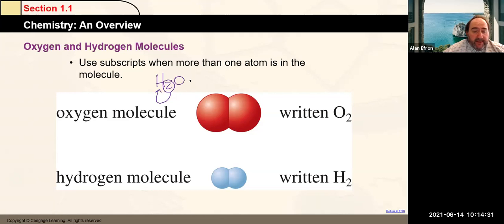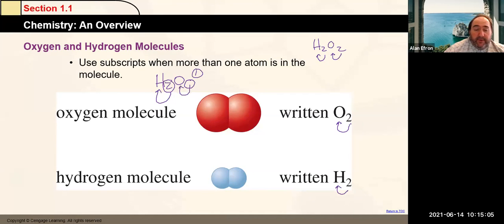And in chemistry, if there is nothing written there, it basically means that there is one. O2 means that there are two oxygen atoms. H2, as we saw, means that there are two hydrogen atoms. If you had hydrogen peroxide, H2O2, that would be two hydrogens and two oxygens.